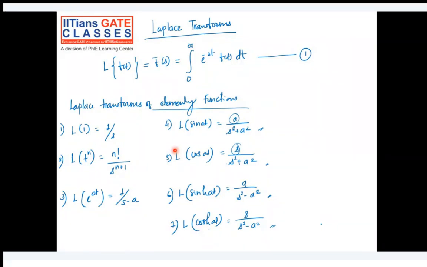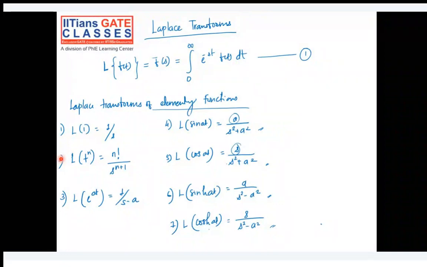These are the standard formulas. I will explain the derivation of a couple of these in the next slide, but you should remember these 7 formulas at least, because these are standard functions. You should not waste time calculating the Laplace transform of a standard function in the exam.